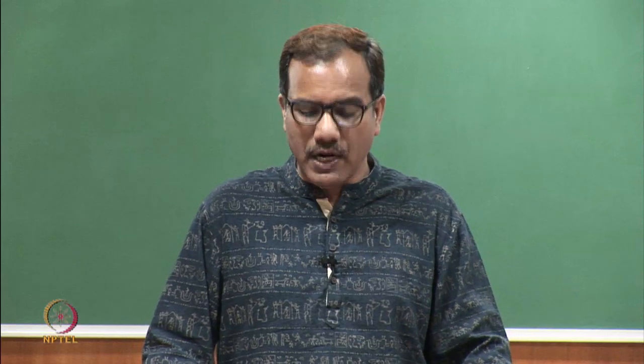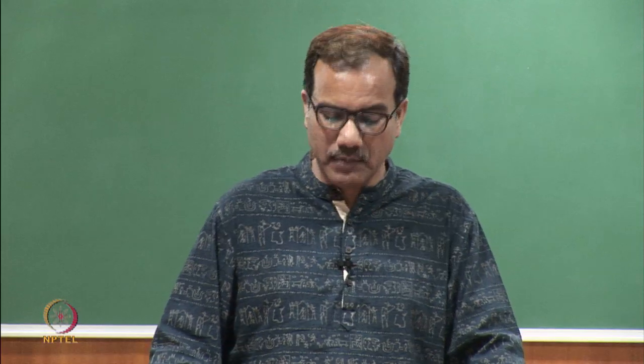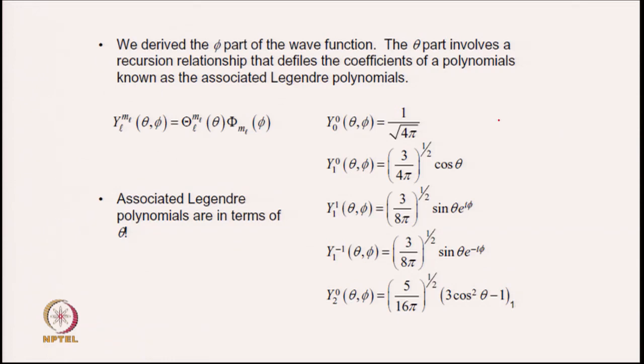So, now we have derived the phi part of the wave function and the theta part of the wave function. A spherical harmonic is basically the product of these two wave functions, and the values of these are given for different values of L and M, or J and M. If J is equal to 0, M is equal to 0, then the spherical harmonic has the value 1 by root 4 pi, and similarly when J is equal to 1, M is equal to 0, then you will get this function.